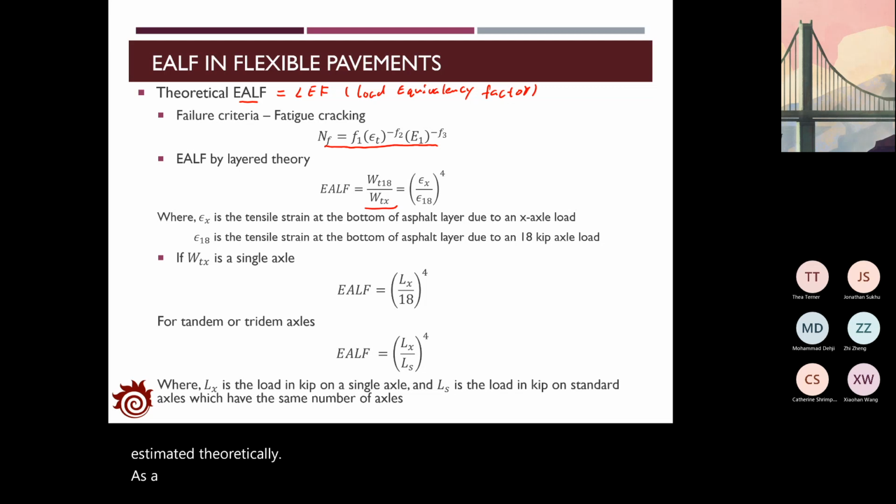WT, which is also defined as WT18 divided by WTX. That would be epsilon x divided by epsilon 18 to the power of 4.